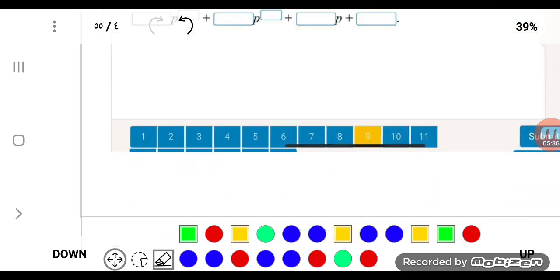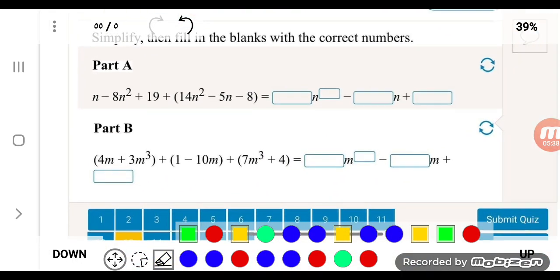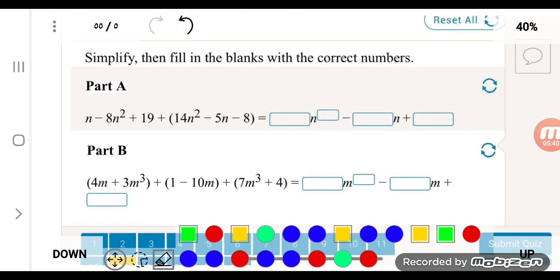Let's see now next one. Simplify, then fill in the blanks with the correct numbers. Okay, part A, n minus 8n squared plus 19. You have to add it to 14n squared minus 5n minus 8. So let's add the like terms.